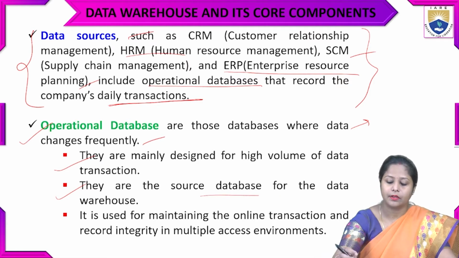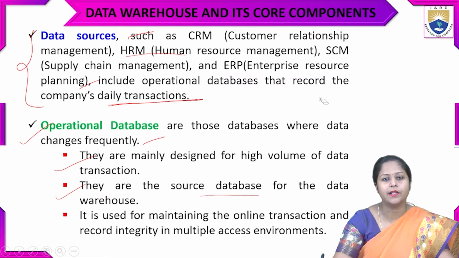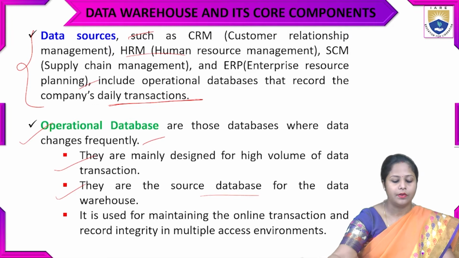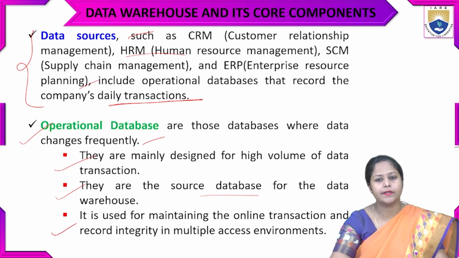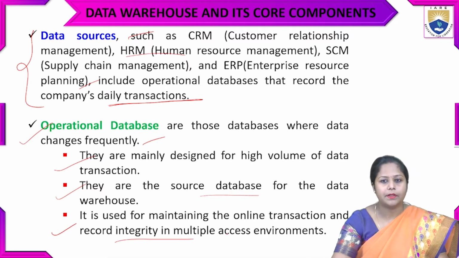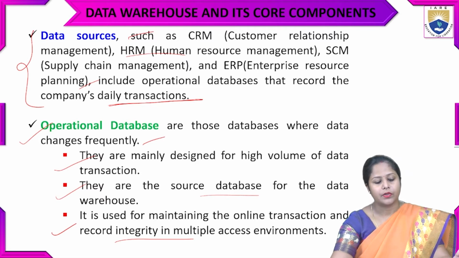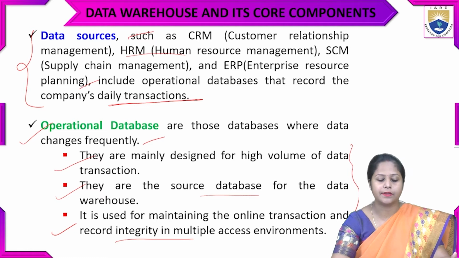So the data stored in the operational database is taken as the source, and the companies store that type of data in the data warehouse. It is also used for maintaining online transactions and record integrity in a multiple access environment. So these were the operational database functions.